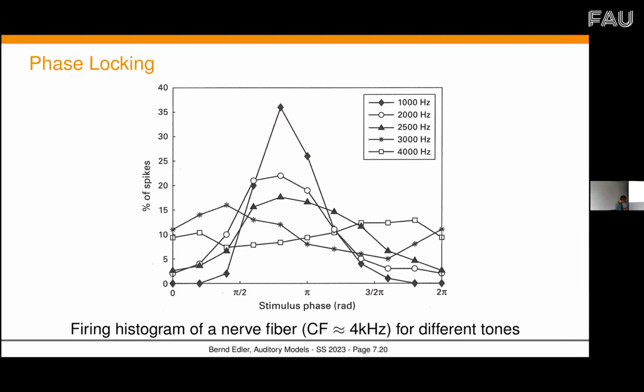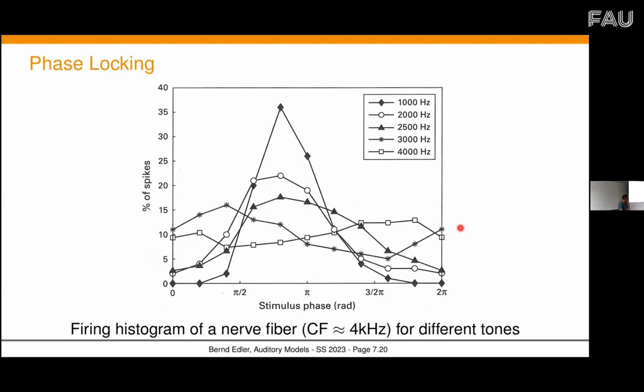And we see here that there's a clear peak for the 1 kilohertz tone, most of the spikes are in that range here. For 2 kilohertz, the peak is a bit weaker, but still there's a clear maximum. 2.5 kilohertz, still quite significant, but the higher the frequency gets, and if you look at 4 kilohertz, there's almost no clear dependency on the phase.